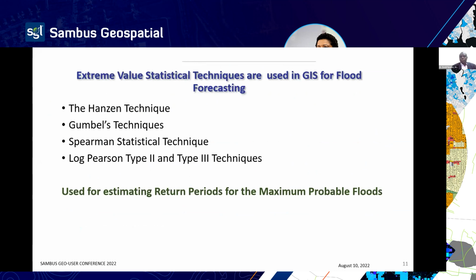Then I have mentioned the issue of using long-term hydrological models for flood forecasting and also for flood inundation analysis. In the literature, and it is not just what I've written here, even though I just mentioned the Hazen technique, the Gumbel technique, the Spearman statistical technique, the log-Pearson type 2 and type 3 techniques, and some others that I did not mention here, because there is a lot in the literature.